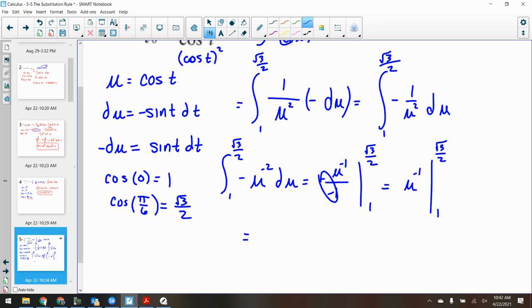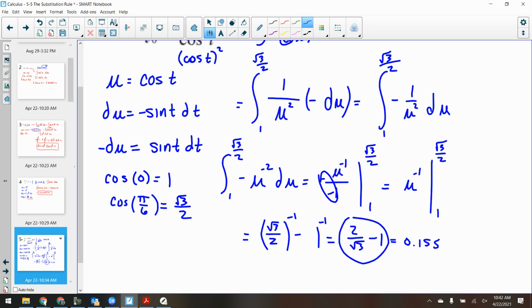So that's top minus bottom, radical 3 over 2 to the negative first, minus 1 to the negative first. Which means that's just 2 over radical 3 minus 1. And what is that? 0.155. If you look up the answer, it probably gives you that. But honestly, I would be okay with this too.